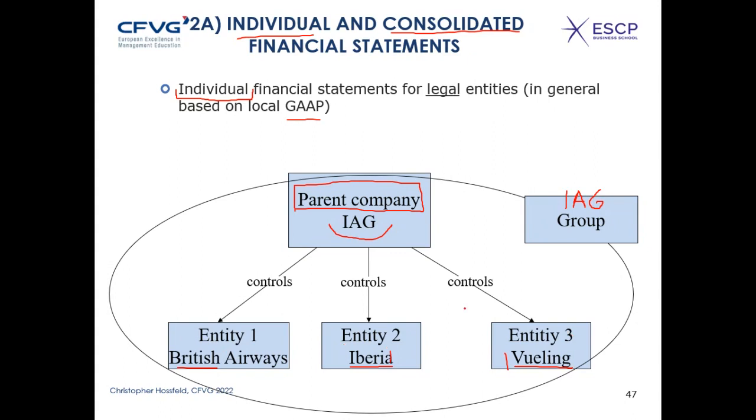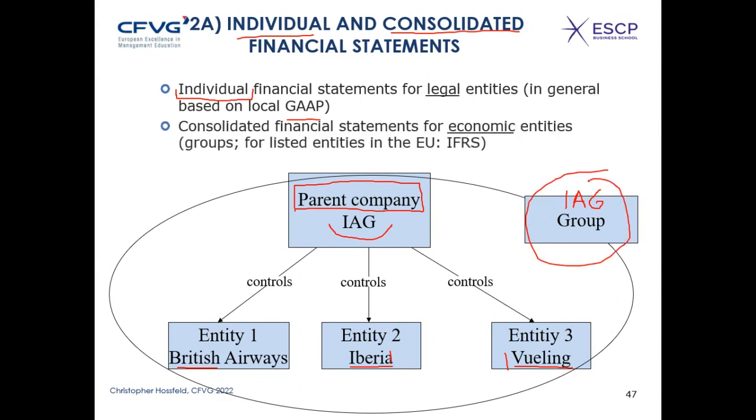So we are in a stock acquisition case. And therefore, we have four individual financial statements. We need to combine them into one set of group financial statements. And this set is the so-called consolidated financial statements or group financial statements for economic entities.